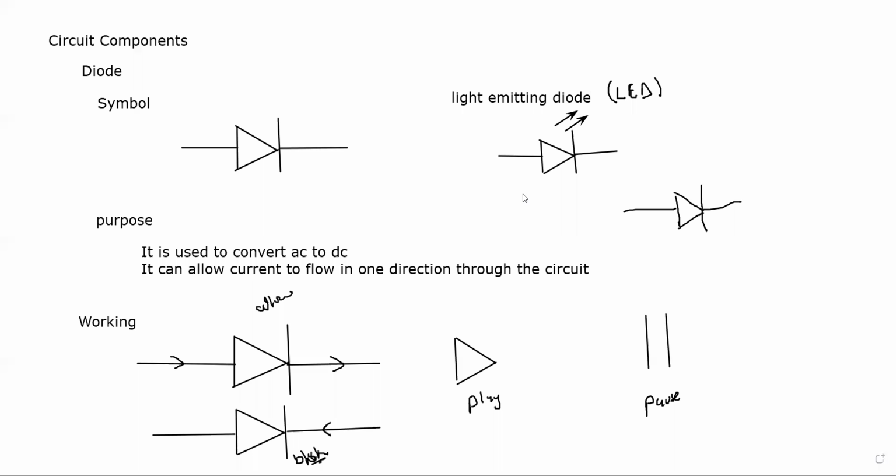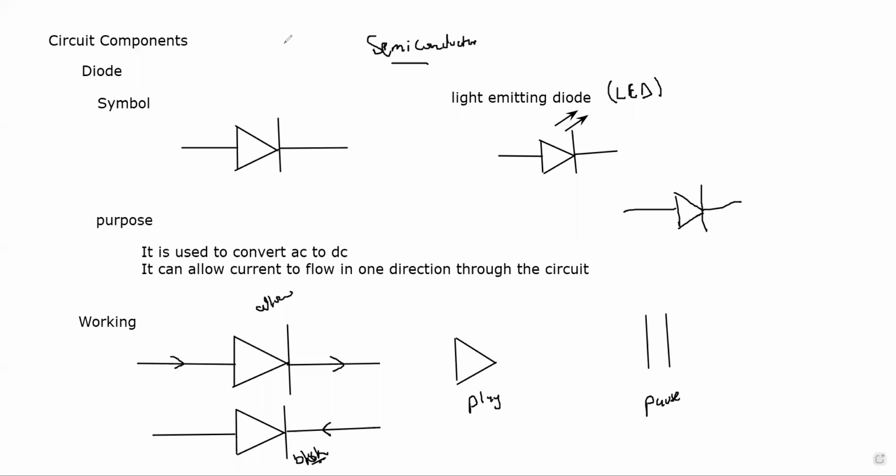You don't have to learn how it allows one way current to pass and the other way does not, because you just have to learn how it acts if you use a diode in a circuit. Because there is internal working of a diode and complete physics behind it, as it is also known as a semiconductor. But internal working, I told you, you don't have to learn. Only the external, when we use a diode in the circuit.